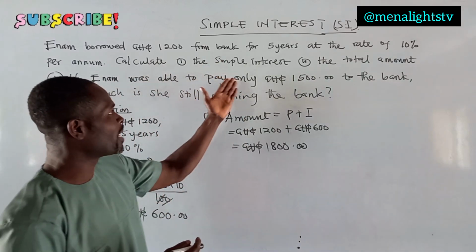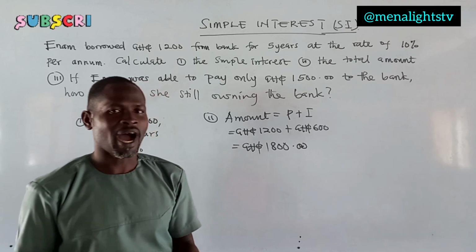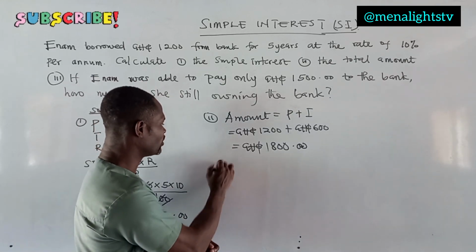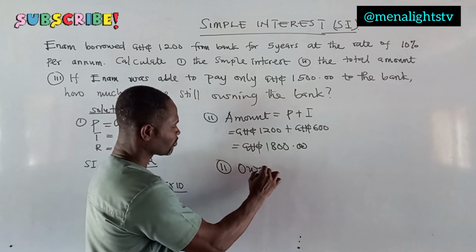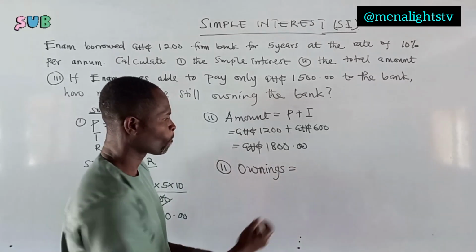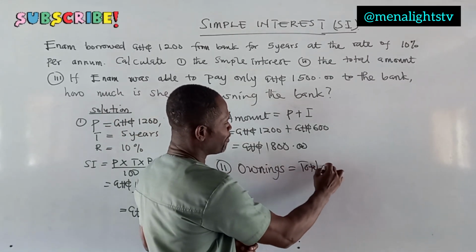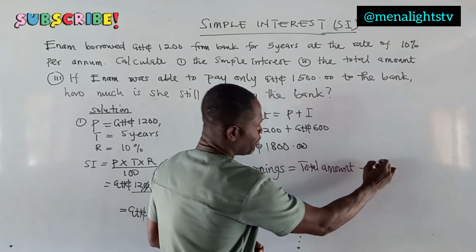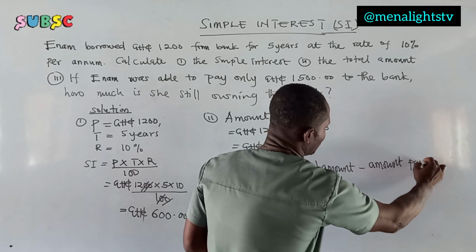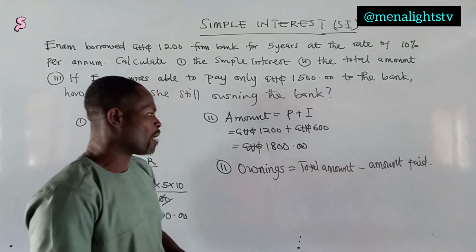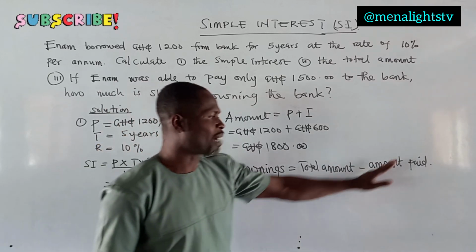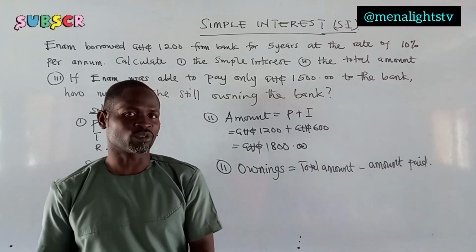Now the third part of the question is: if Edna was able to pay only 1,500 to the bank, how much is Edna still owing the bank? So we come to the third one. The owing is the same as the total amount minus the amount paid. So the amount Edna is still owing the bank is the total amount Edna has to pay to the bank, minus the amount Edna actually paid to the bank.